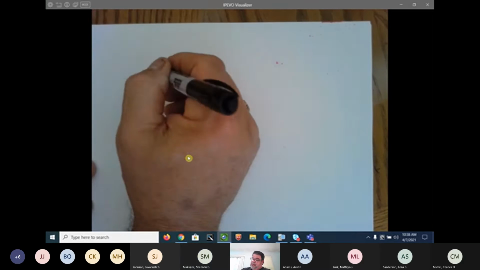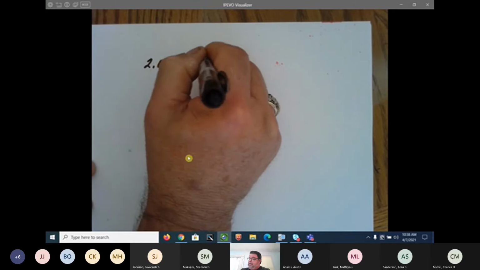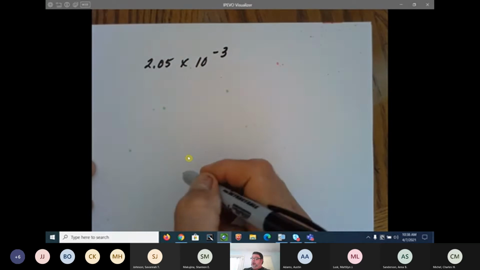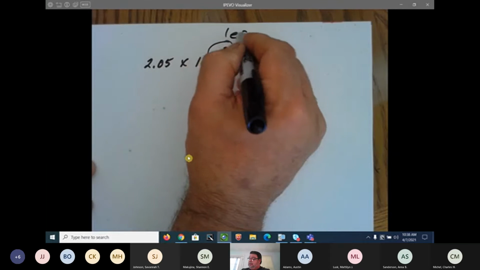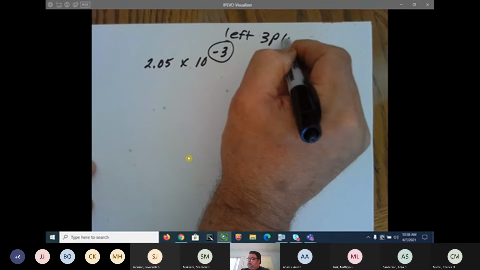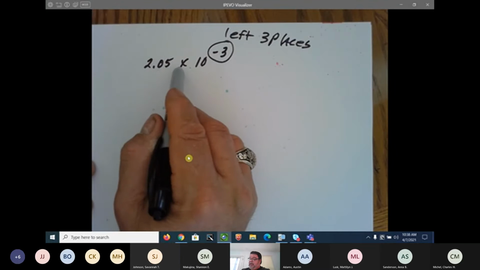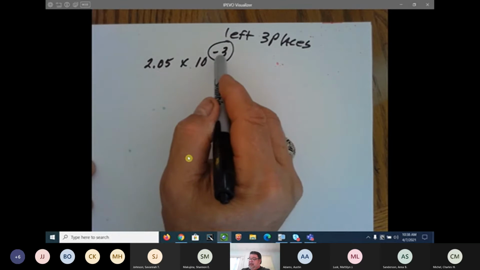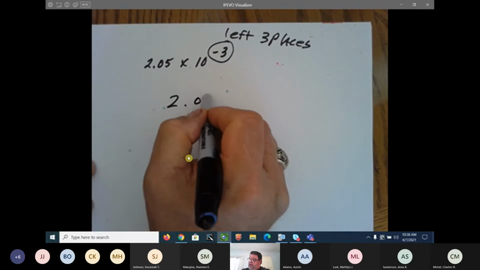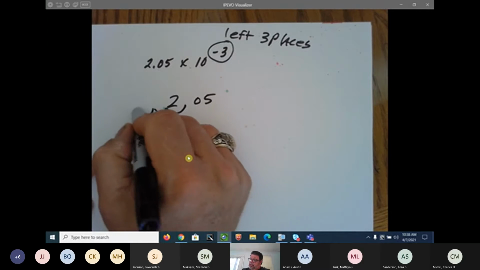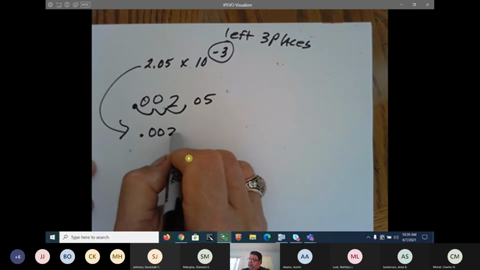If you get something that says 2.05 times 10 to the negative third power, that means you're just going to move the decimal to the left 3 places. So if your calculator says 2.05 and then e to the negative 3 or something like that, it's the same thing. So that would be 2.05, 1, 2, 3. So this is 0.00205.